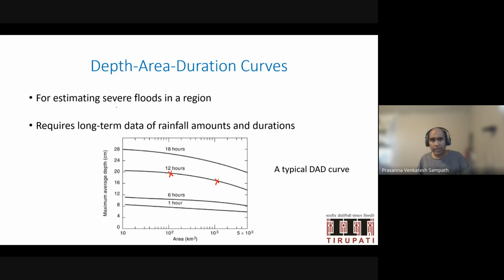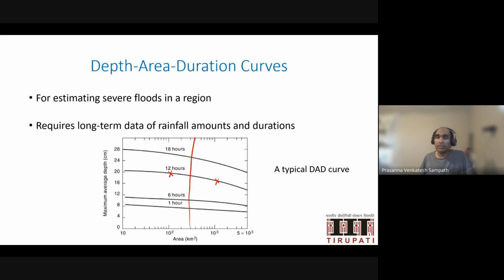You take any curve, you can see that it is decreasing with increasing area. You take any given area and you draw a vertical line. So let me draw a vertical line here. As the duration of the rainfall increases, the amount of rainfall received also increases. That also makes sense because these are the maximum average depths, right?